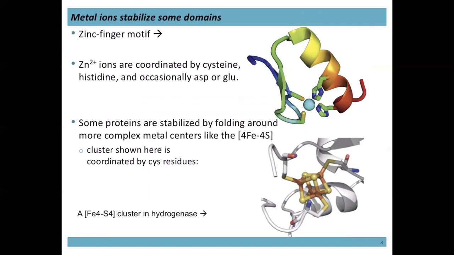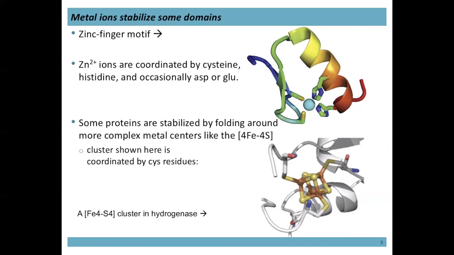Histidine's really awesome at coordinating ions, and we'll see that's very important in hemoglobin. Cysteine, the thiols, are also very good at interacting with metals. And so you'll find all sorts of metals inside the interior of proteins, and that can act as a lock.